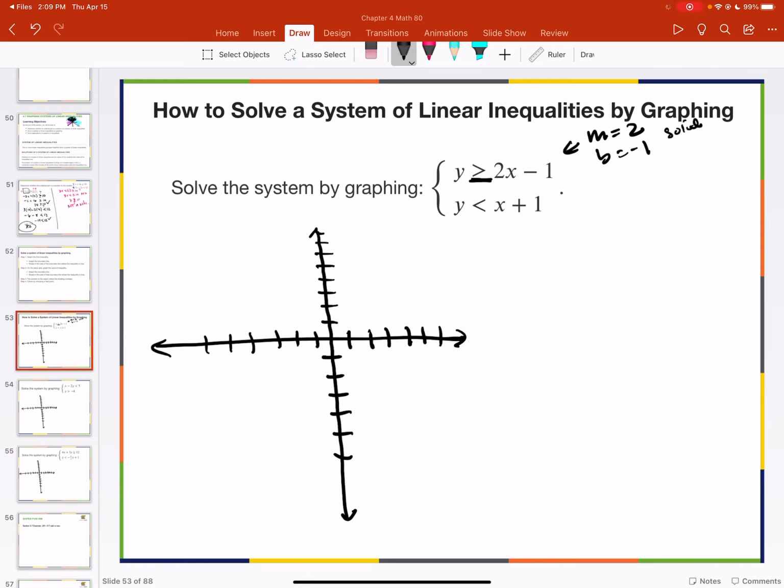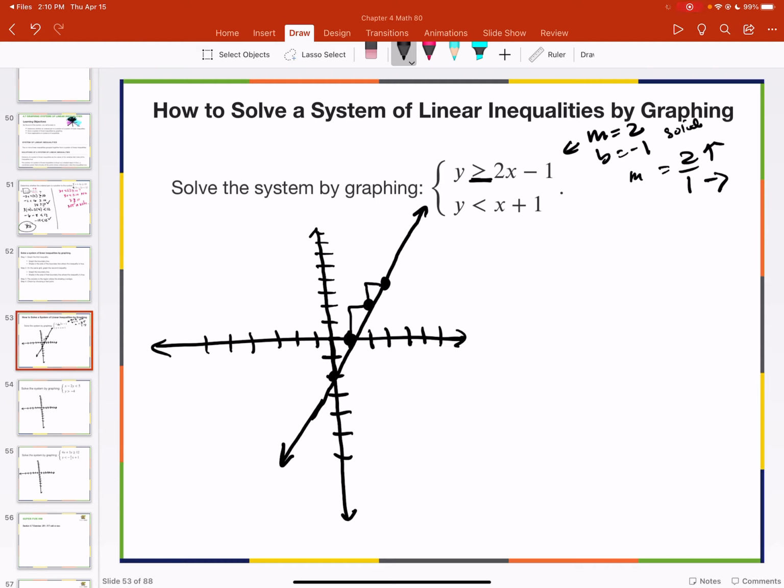We start at negative 1, and our slope is positive 2, so we go up 2 and over. Remember, slope is rise over run. From our starting point, we go up 2 over 1, dot, up 2 over 1, another dot, and again. You didn't have to put that many, but you get what I'm talking about.